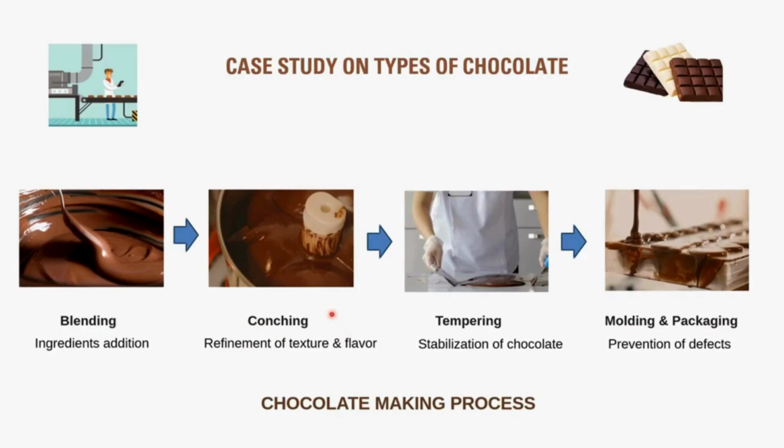So, how is flavor and texture enhanced with the help of conching? There is constant interaction between cocoa solids and cocoa butter, which enables flavor generation. Also, the acidity that was developed during fermentation phase is lowered by introducing air.